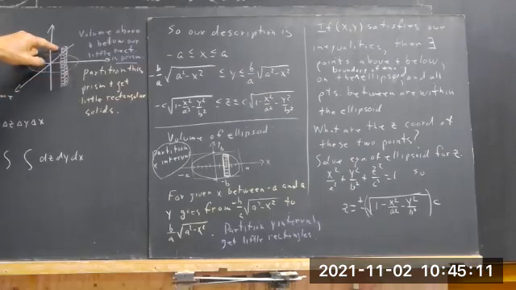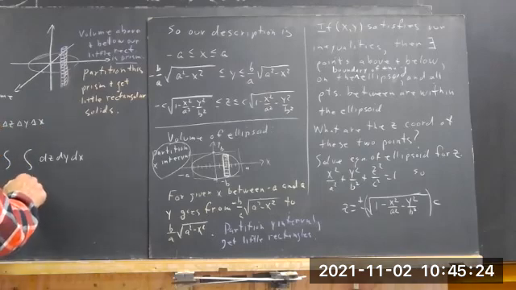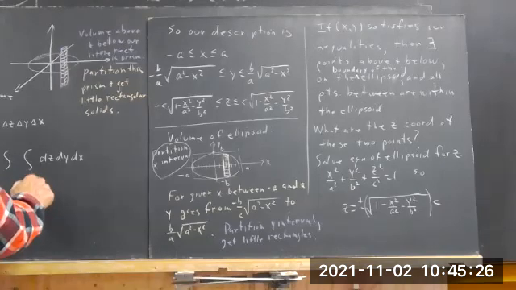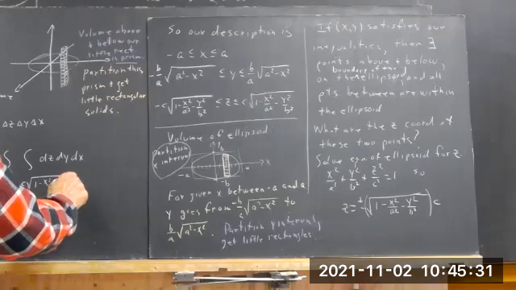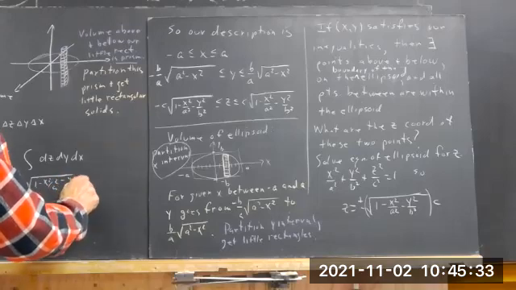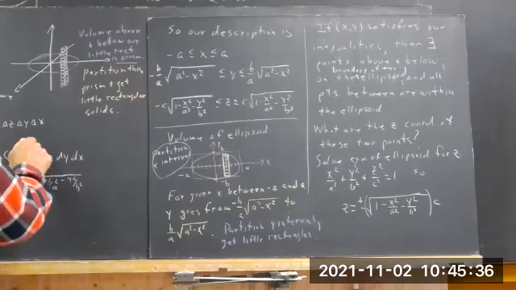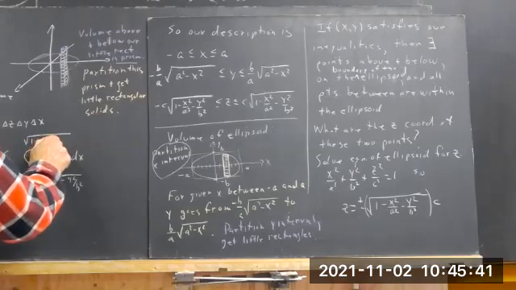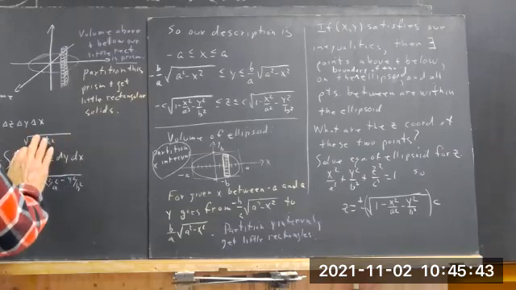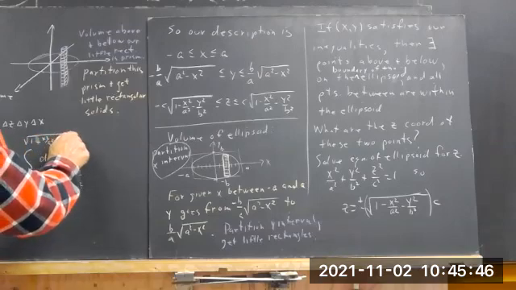K would go from 0 to P. Meaning that your Z values would go from negative c times the square root of 1 minus x squared over a squared minus y squared over b squared, to positive c times the square root of 1 minus x squared over a squared minus y squared over b squared.